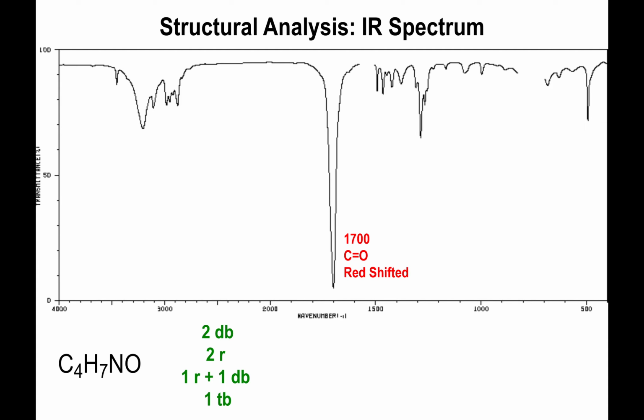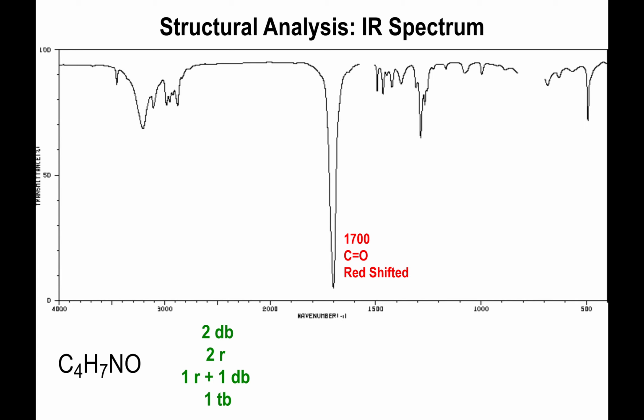Okay. Now the other thing to notice is that typically when you do have carbonyls, the carbonyls fall between 1720, 1730, in some cases 1760. Yet this particular carbonyl is redshifted, it's down to 1700.